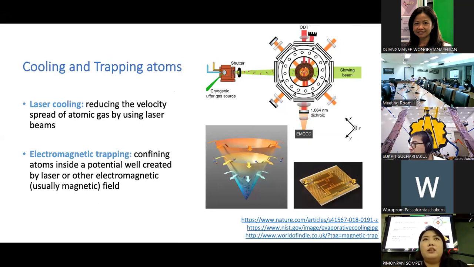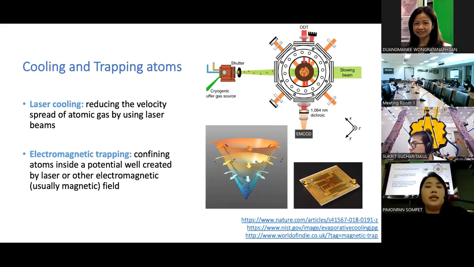The typical techniques we use are laser cooling, and then we trap the atoms with an electromagnetic trap, usually a magnetic trap. How do we cool atoms with a laser? That's quite interesting.